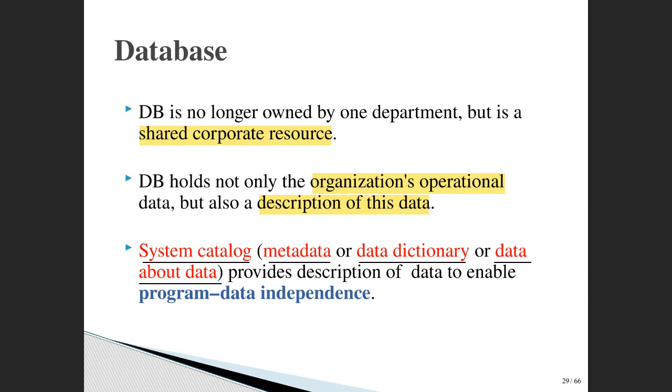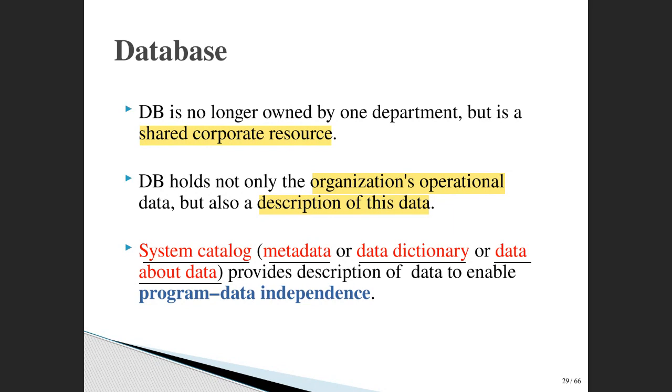What is the meaning of description of data? For example, when we talk about the student entity, if we are having a University of Bahrain database, this is an example. The database system will be owned by the University of Bahrain as a whole corporation, not owned by only one department, right?